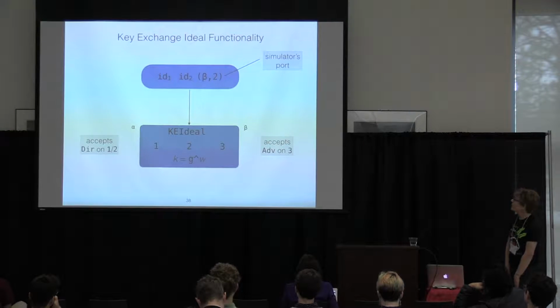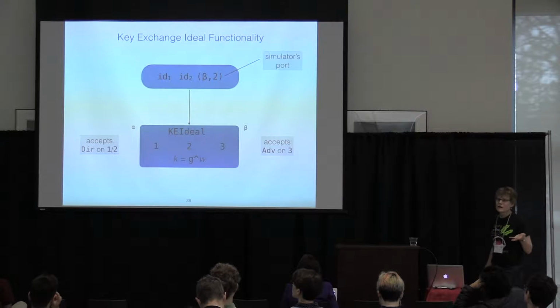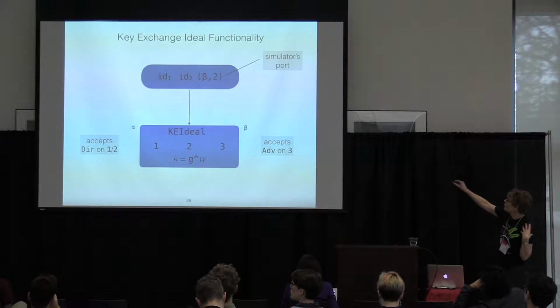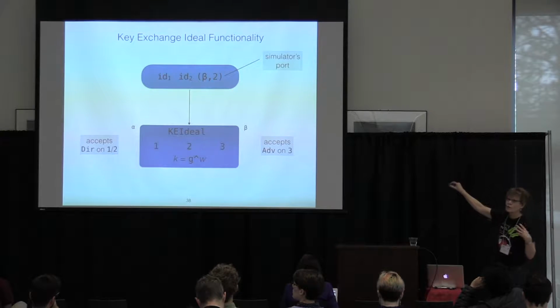And we'll use that in a minute in the real functionalities. The ideal functionality for key exchange is kind of like the ideal functionality for SMC, except there are two phases to it. ID1 can initiate a key exchange and come in to here. We'll go off to the simulator at port index 2, bounce back, but then this shared key will get sent from here to ID2.